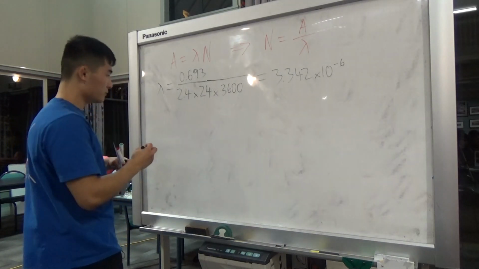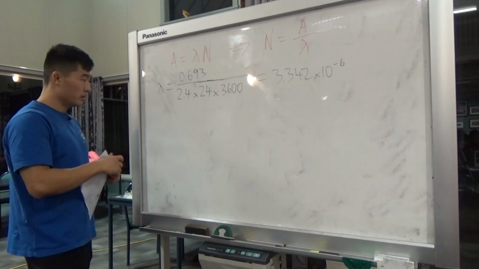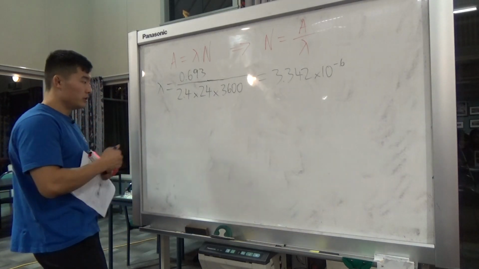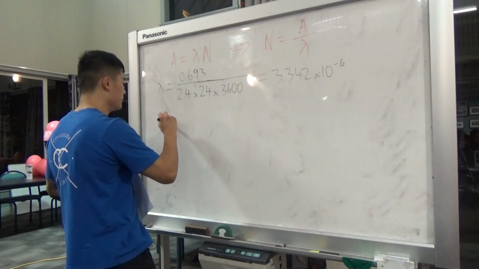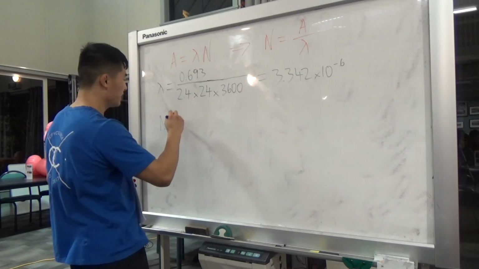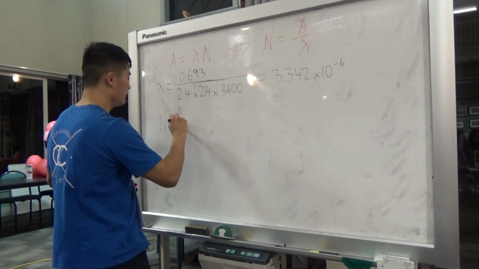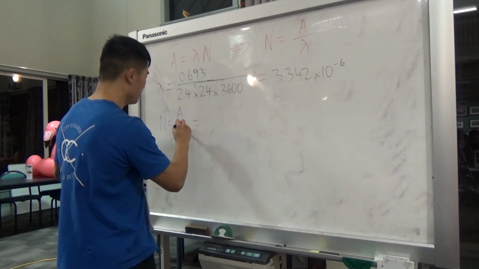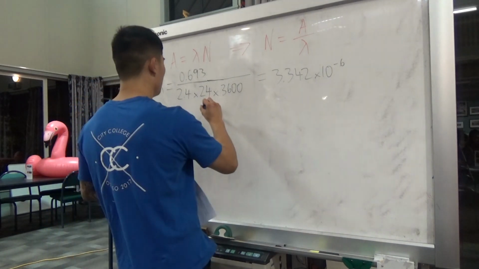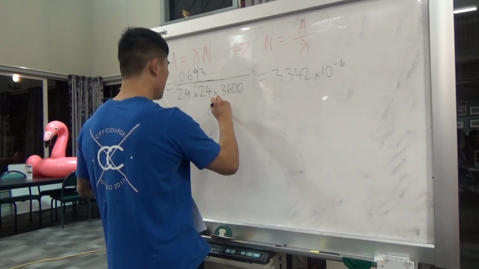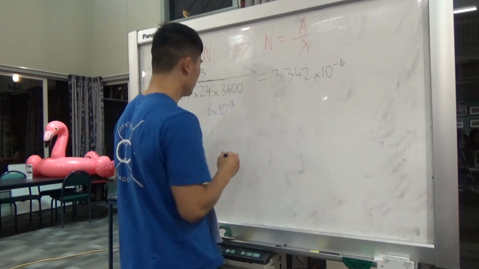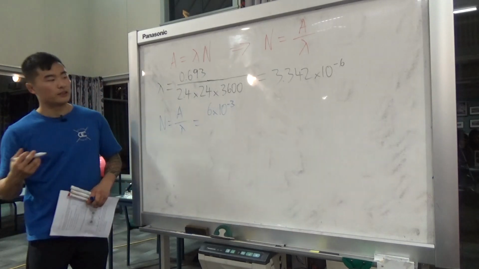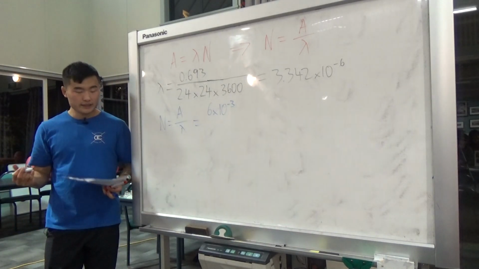So the number of molecules is equal to activity over the decay constant. The activity was 6 times 10 to the negative 3. So 6 millicuries is 6 times 10 to the negative 3 curies.